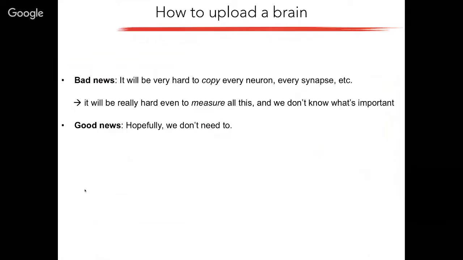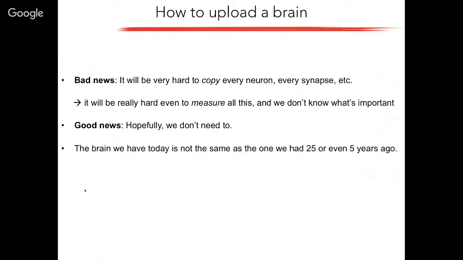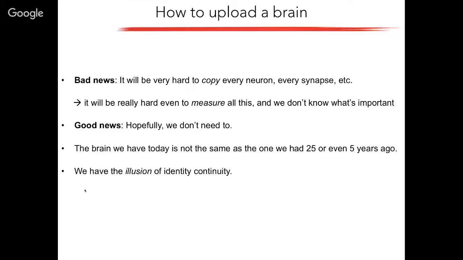I think the good news is that maybe we don't need to do it exactly that way. So I'll point out that the brain that each of us walks around with today is not the same as the one we were born with. It's not the one we had 25 or even 5 or even 1 year ago. And yet we have this illusion of identity continuity.